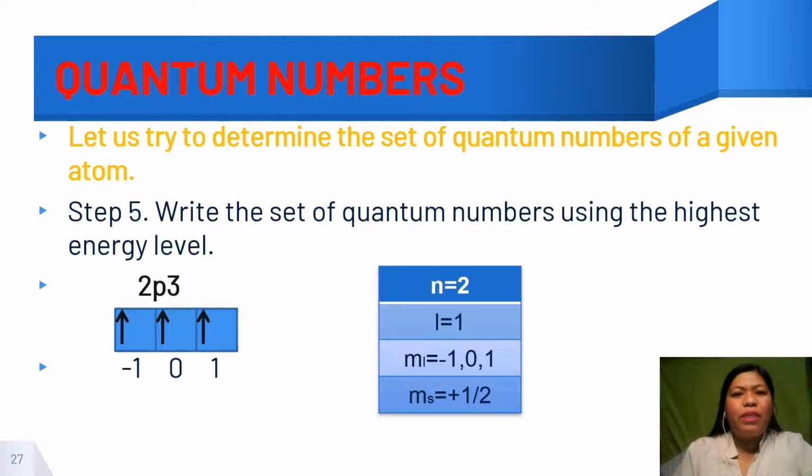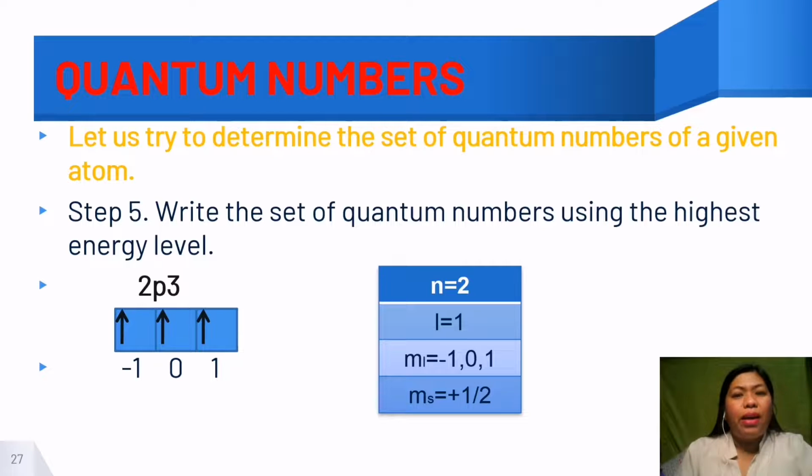Why is this 1? As we look back, the orbitals have respective L values, wherein S orbital is 0, P orbital is 1, D orbital is 2, and F orbital is 3. If we use the formula n minus 1, because our n is equal to 2, let's subtract this by 1.